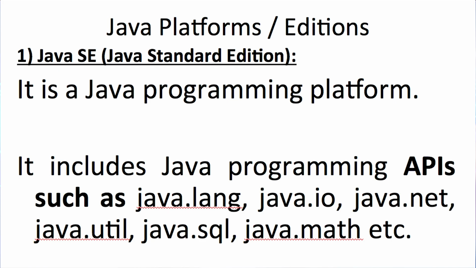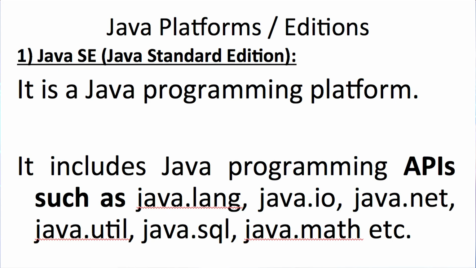These APIs have different purposes, like java.math for mathematical operations, and SQL for database connectivity. This way we have a long list, which means we have a very rich library and a very rich list of packages. By using these packages we can do any type of function, any type of program in Java. So, this is under Java Standard Edition.